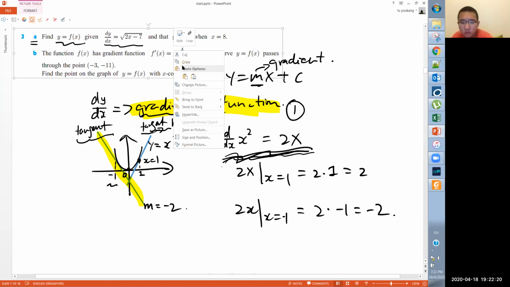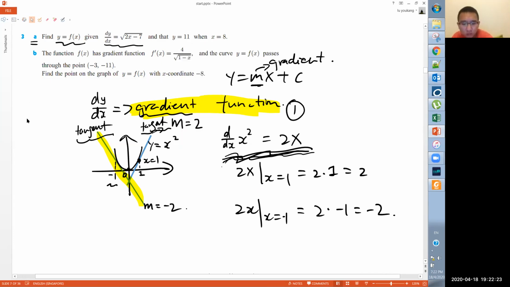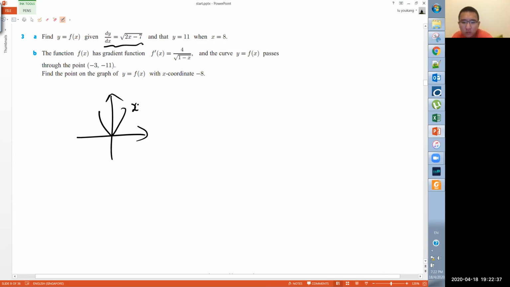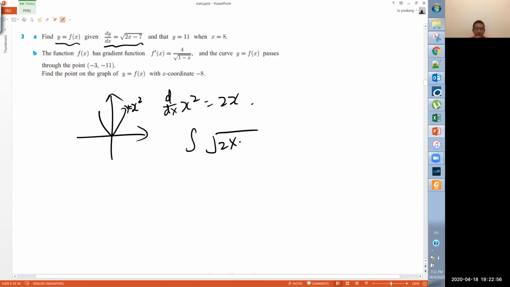The question here says, let me use an empty slide. You have a gradient function here. Just now, for this curve, you differentiate it and you get 2x. Now you are given this gradient function. In order to get your graph function, you need to integrate your gradient function so that you get back your f(x).